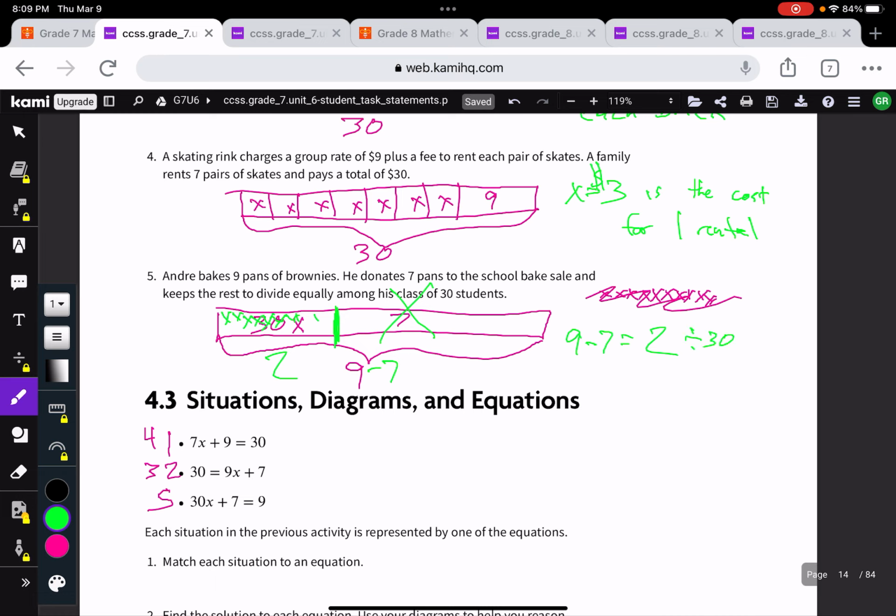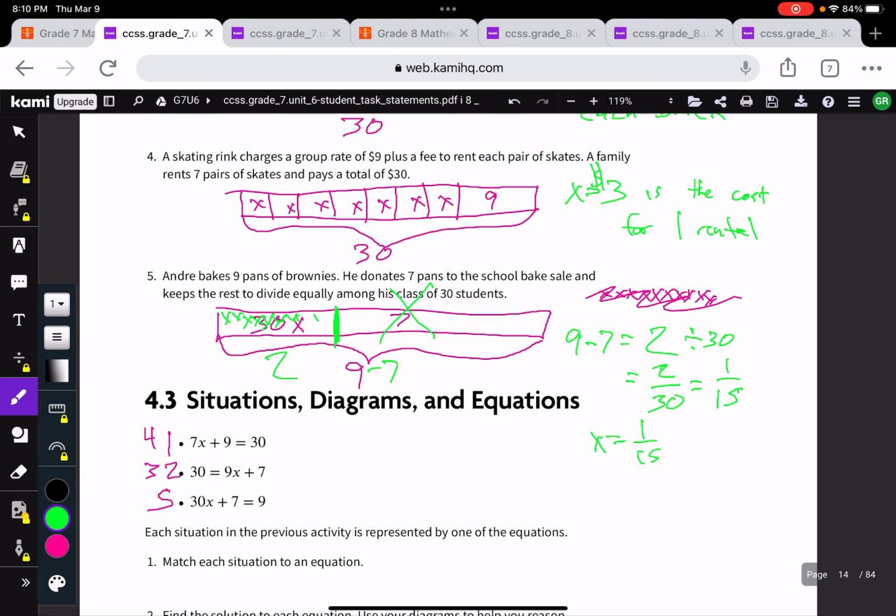2 divided by 30 is equal to 2/30. We could leave it like that or simplify it to 1/15. Both the numerator and the denominator can be divided by 2. Each kid gets 2/30 or 1/15. What does that even mean? X equals 1/15.